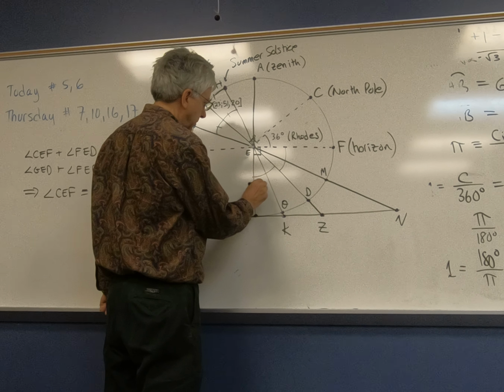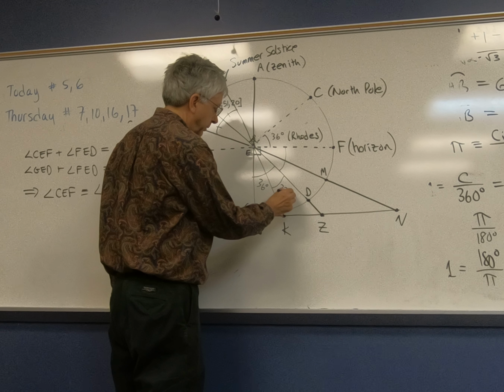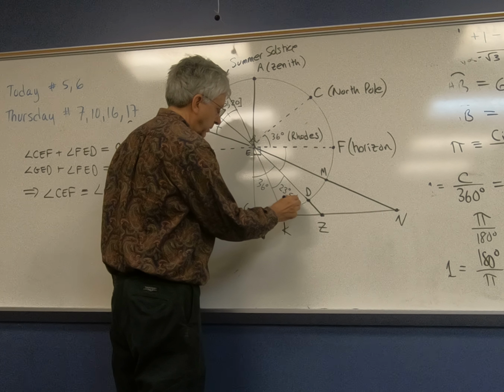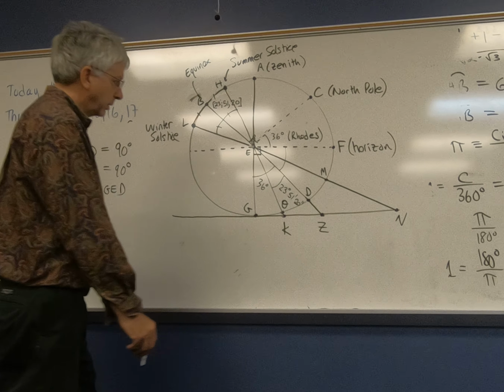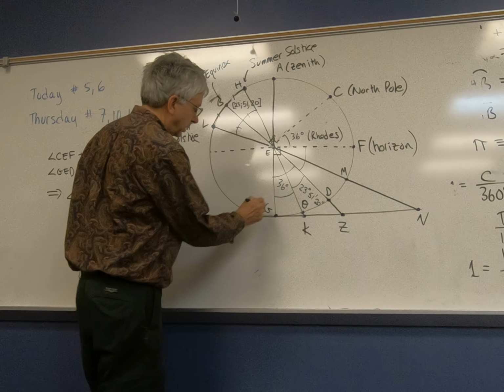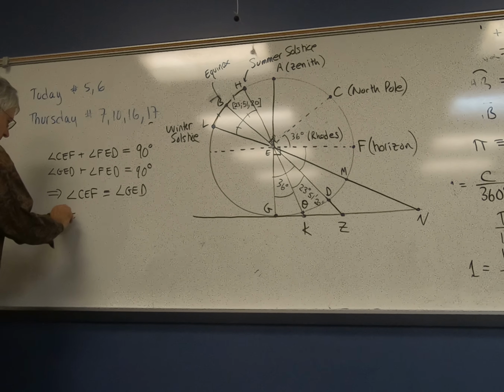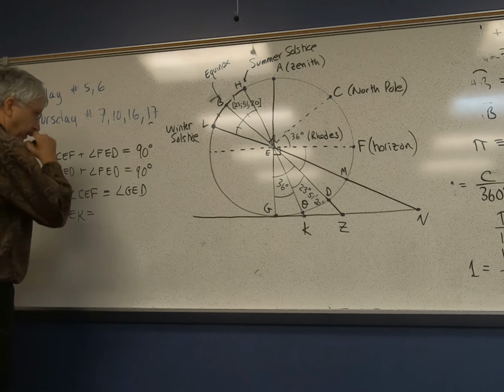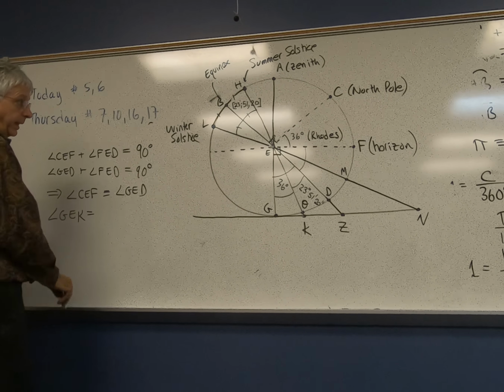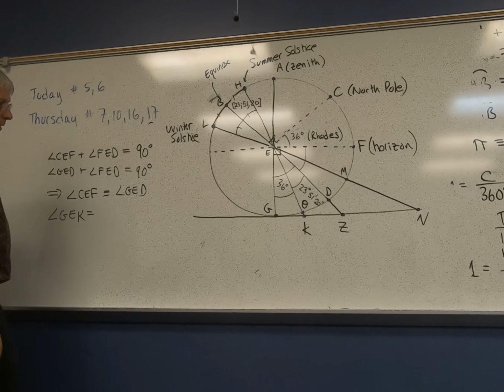And we know that this is 23 degrees, 51 minutes and 20 seconds. That's the tilt of the Earth, the obliquity angle. And so that allows us to determine that this angle here, angle GEK, is going to be angle GED minus angle KEZ.